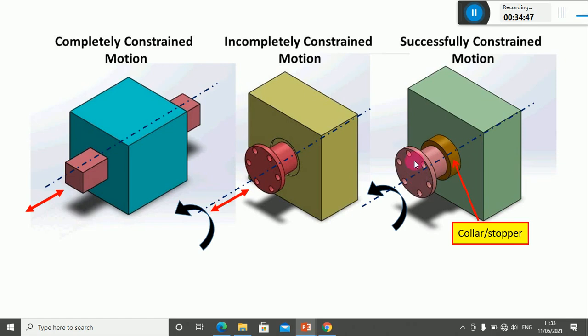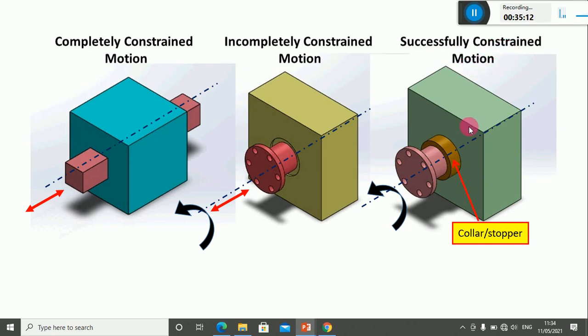It can have a rotary motion, but it cannot have a linear motion. It means I have converted this incompletely constrained motion to a completely constrained motion by applying a certain stopper. So I can call this mechanism or this motion a successfully constrained motion.